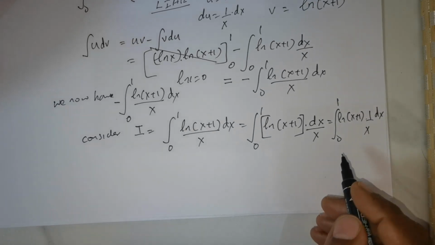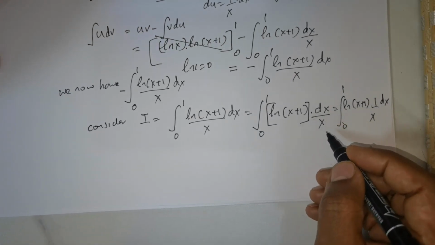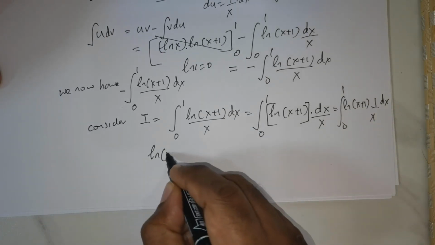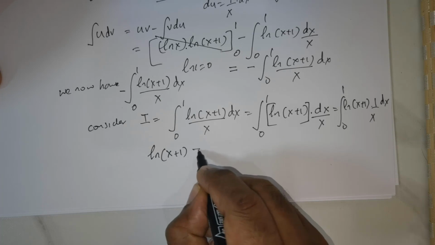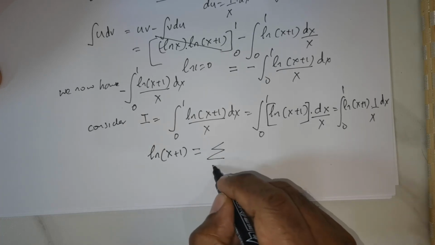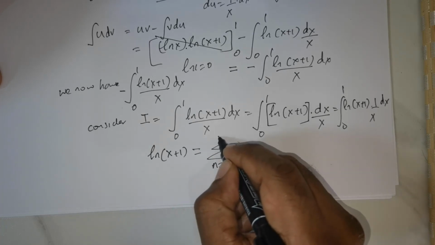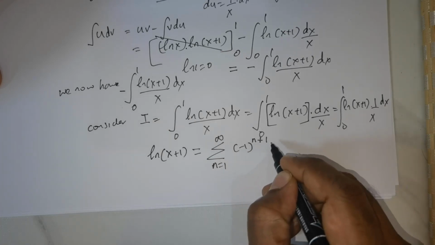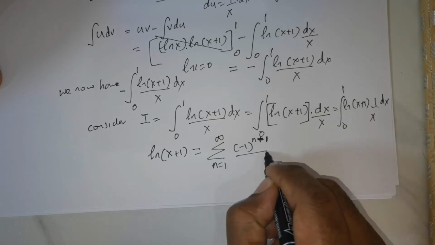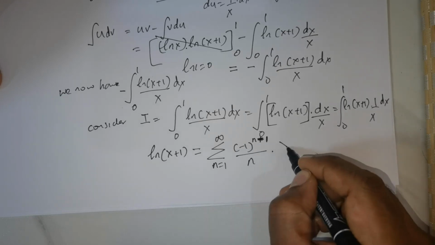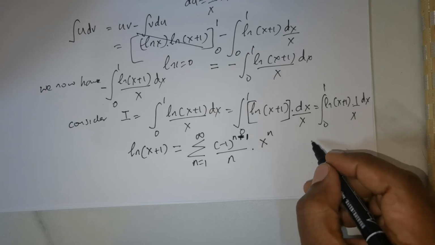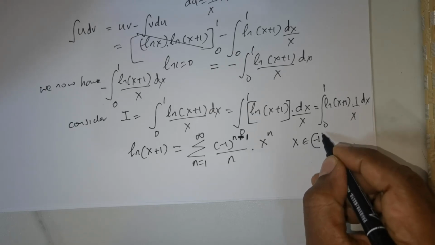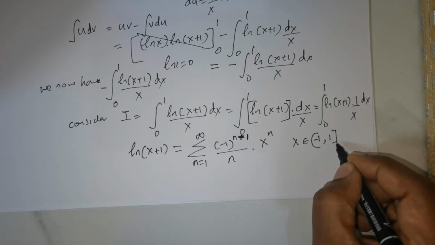Now what I would do is, I will use the Maclaurin expansion for ln of (x + 1). Now that is given as the sum from n equal to 1 to infinity of (-1) raised to the power of (n - 1), divided by n, times x raised to the power of n, for all values of x lying in the interval from negative 1 (open) to 1 (closed).